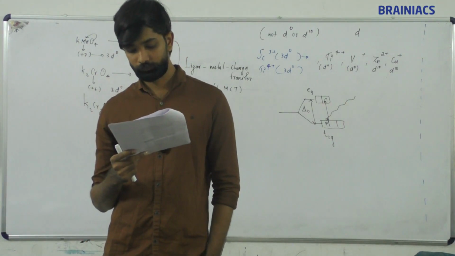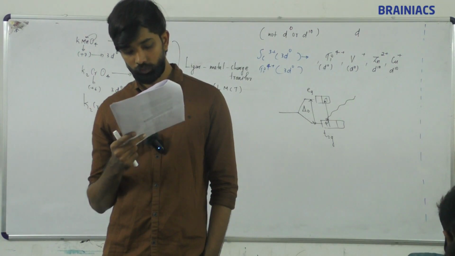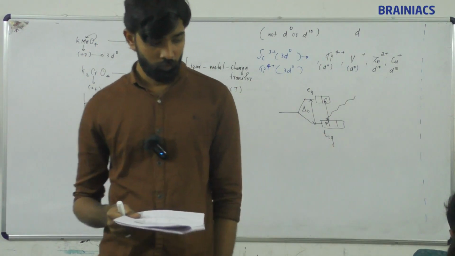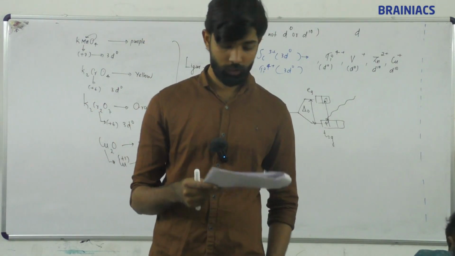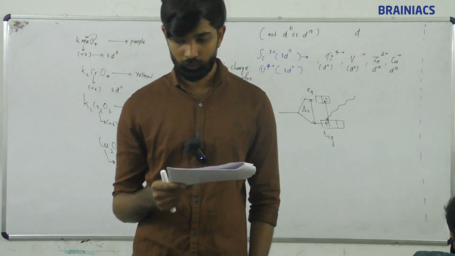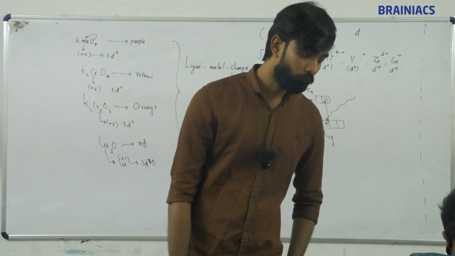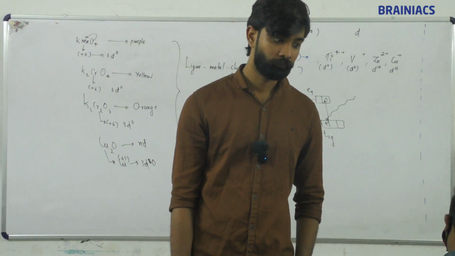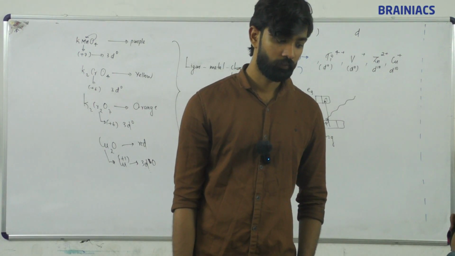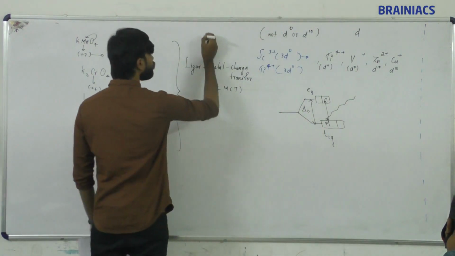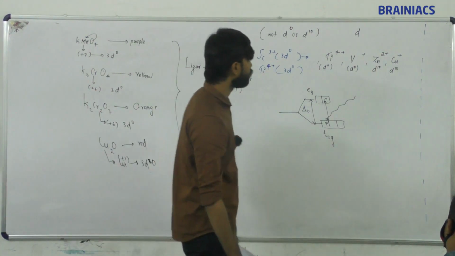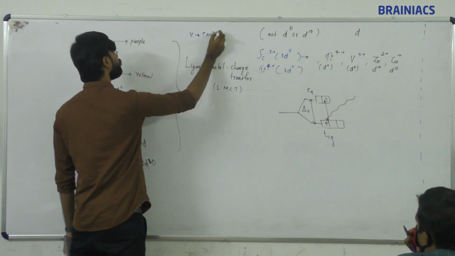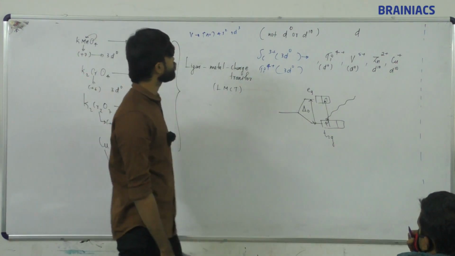Then V, vanadium, argon 4s2 3d3. Scandium, titanium, vanadium: V3+ means 3d2, and V2+ is 3d3.